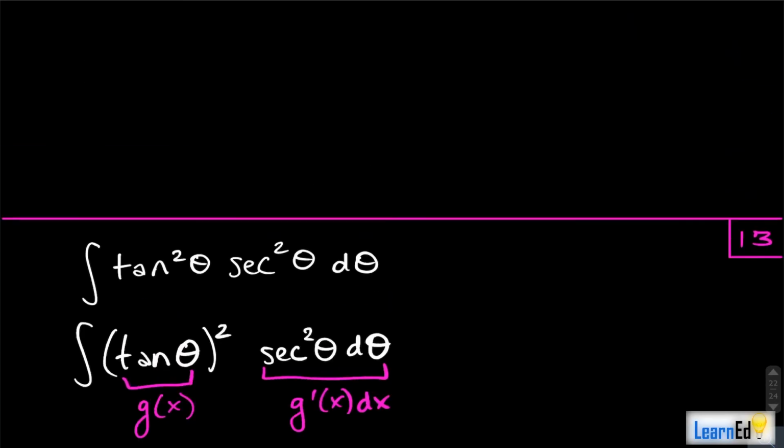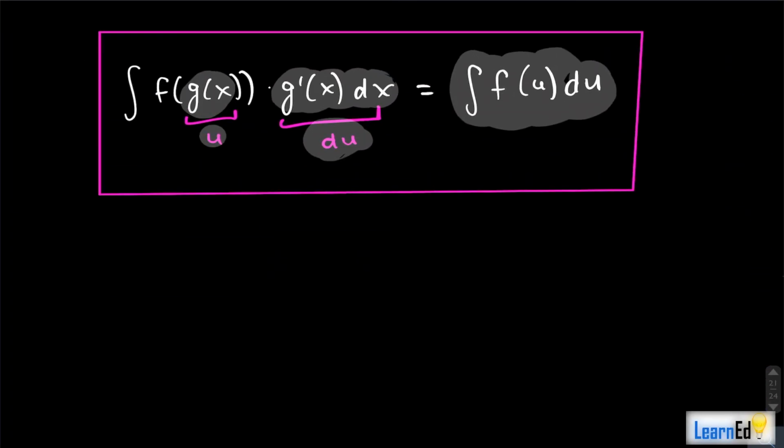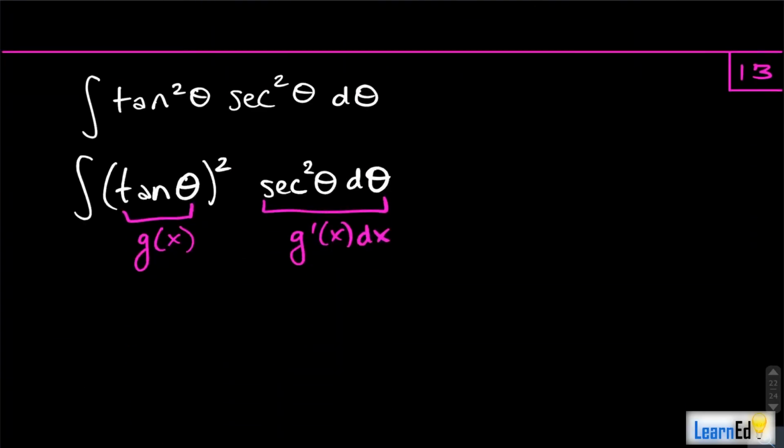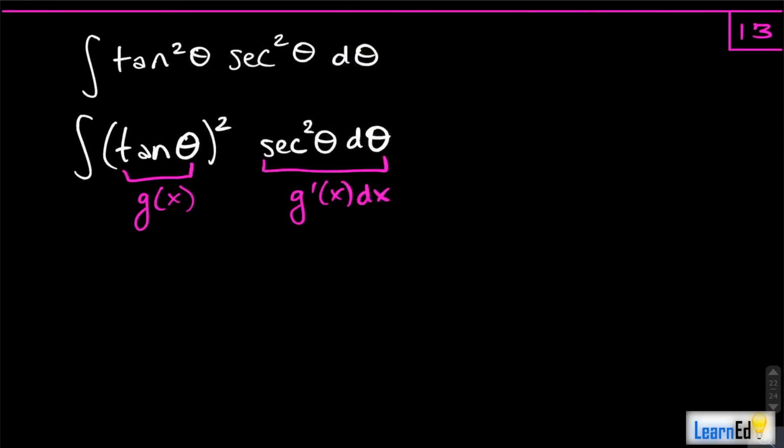So that's g prime of x dx. Okay, so putting that all together, right? And so you see where this notation kind of comes in. Putting that all together, if u equals tangent theta, then du would equal secant squared theta d theta, right? When you take the derivative of tangent, you get secant squared theta. You move over the d theta, and there you go.